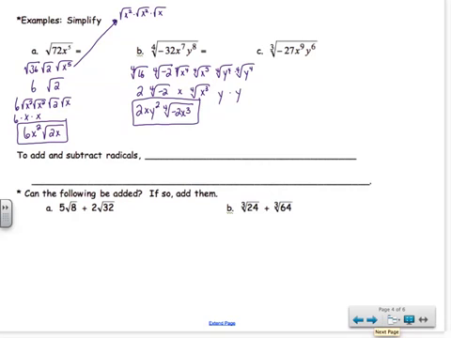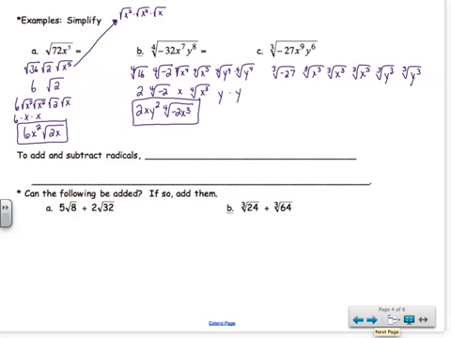I'd like you to pause the video and try this third one on your own. Now, I can take the 3rd root of negative 27. I can take the 3rd root of x to the 3rd, 3rd root of x to the 3rd, 3rd root of x to the 3rd, and I can take the 3rd root of y to the 3rd and the 3rd root of y to the 3rd.